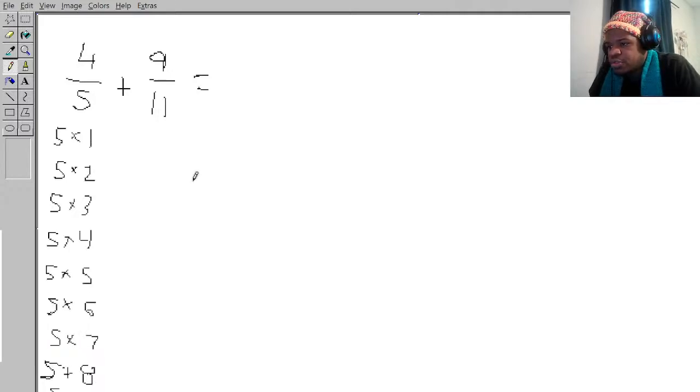So you do all your multiples. This is 5. If I had an easier way to do this, I would. This is 10, this is 15, and you're supposed to be doing them right next to each other.